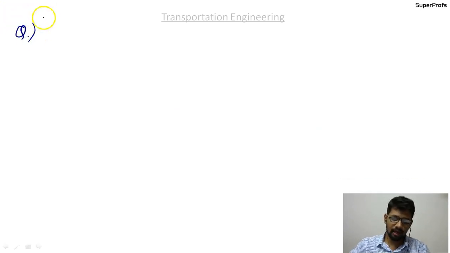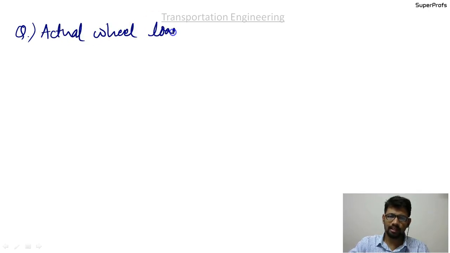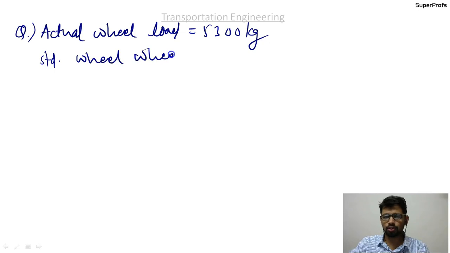So the question is that the actual wheel load is equal to 5300 kg, and the standard wheel load, as we know, is 4100 kg.